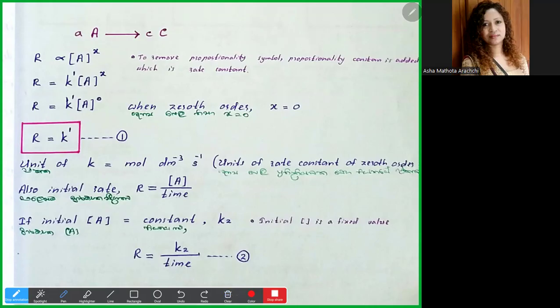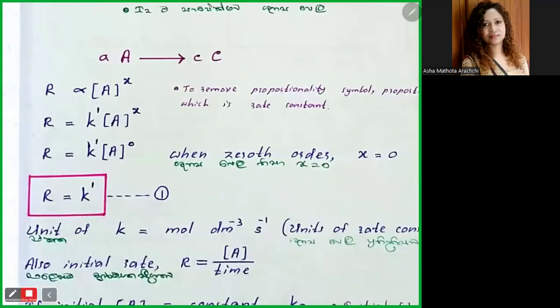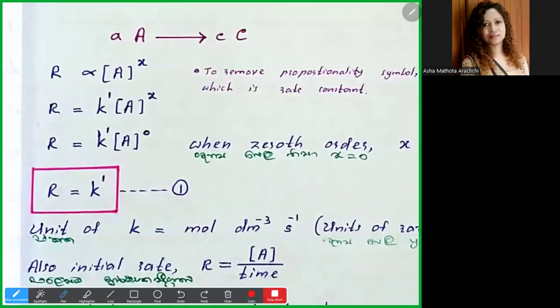So let's say with respect to A, it's 0th order. Commonly we can write rate is proportional to A's concentration to some power. So x is the order, and let's consider that order equals 0. Then, if I need to remove this proportionality sign, I add the proportionality constant, the rate constant. I'm going to go with k prime here because I'm going to add k later.